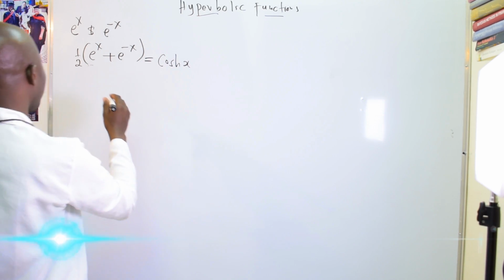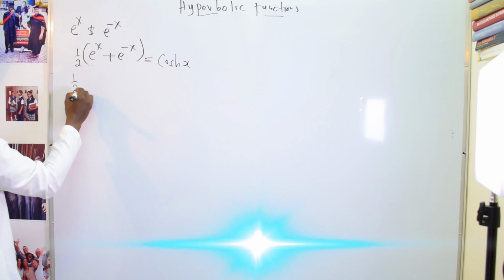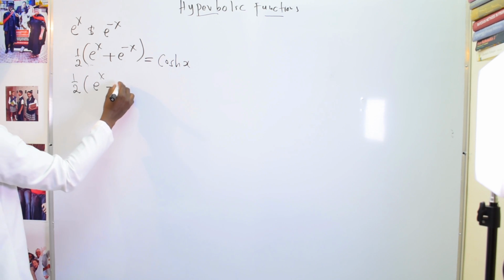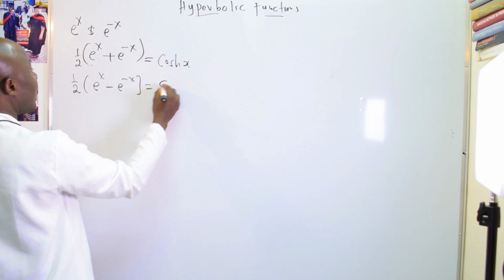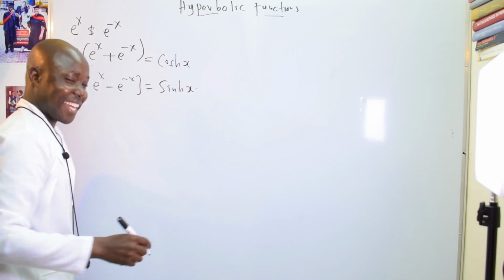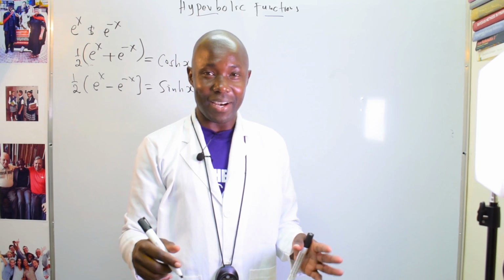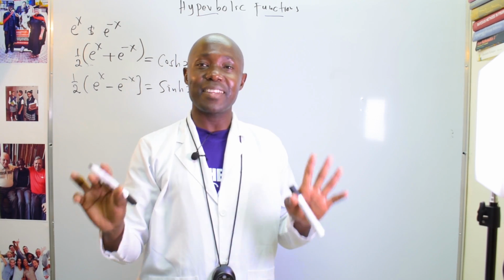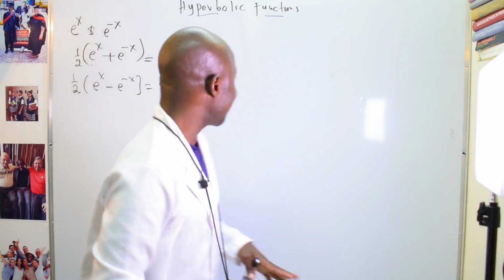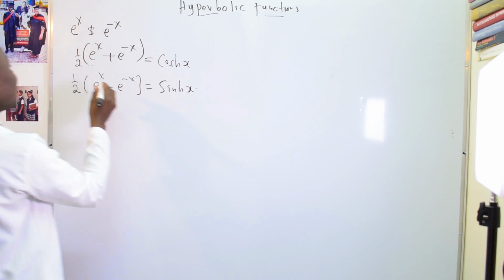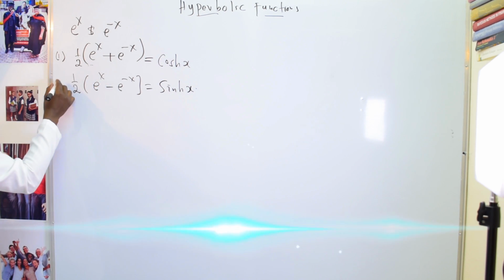Then, if you take half of e power x minus e negative x, we get what is called sinh x. So that is the hyperbolic function, a half of the difference between e^x and e^-x.